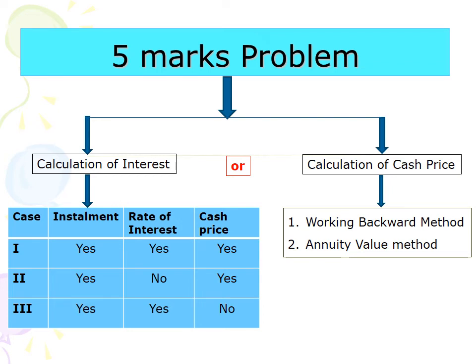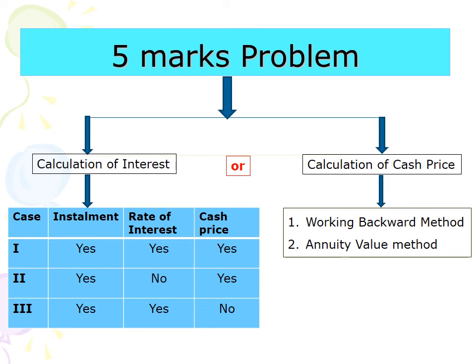And case number 3, where installment amount is given, rate of interest is given, but cash price is not given. So these are the 3 different methods or cases or scenarios, and these cases depend upon information given in the problem.